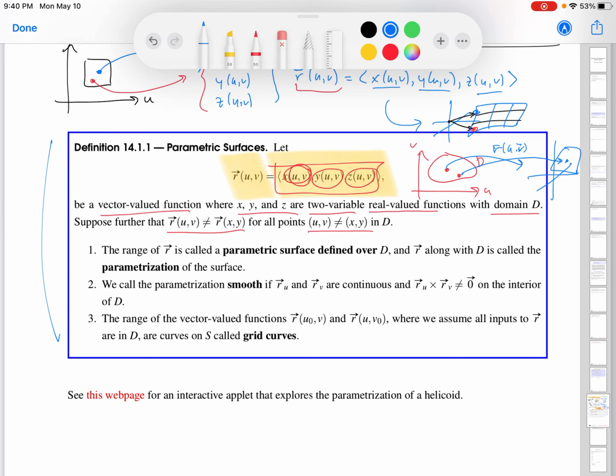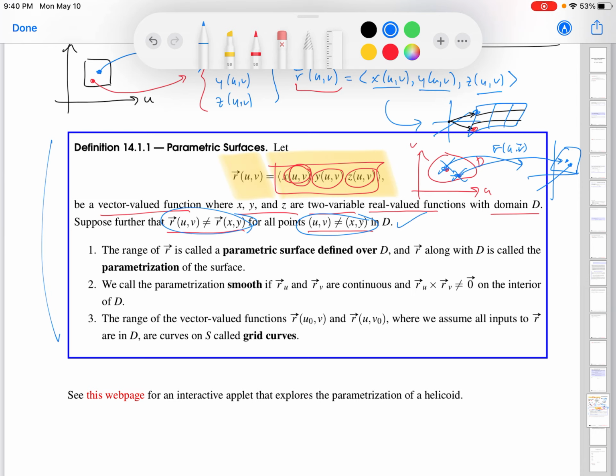So as long as two points are different in D, like these two that I drew over here, then they get mapped to different points on the surface. In other words, we don't want to repeat points on the surface and associate them with different points in the domain D.